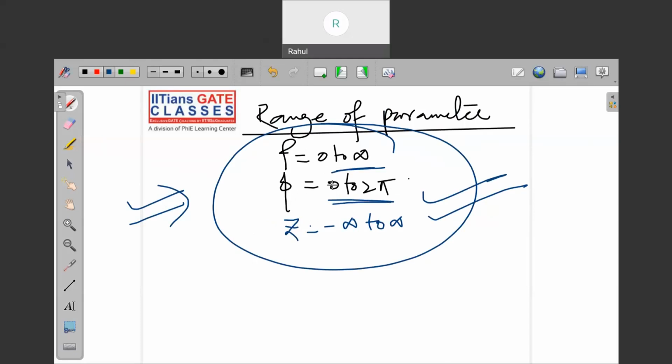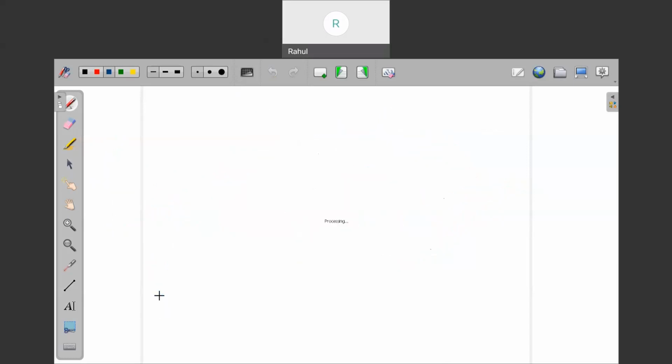If phi is not given, you can pick up this 5. You can put the limit in integration d phi, from 0 to 2 pi, like this. This is in general the range of parameter.